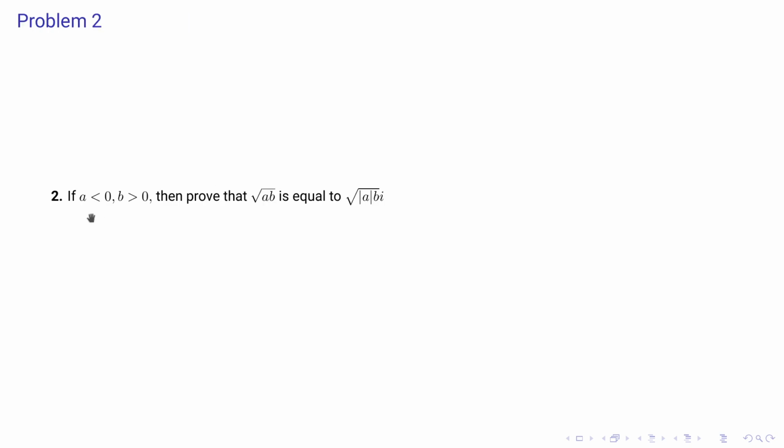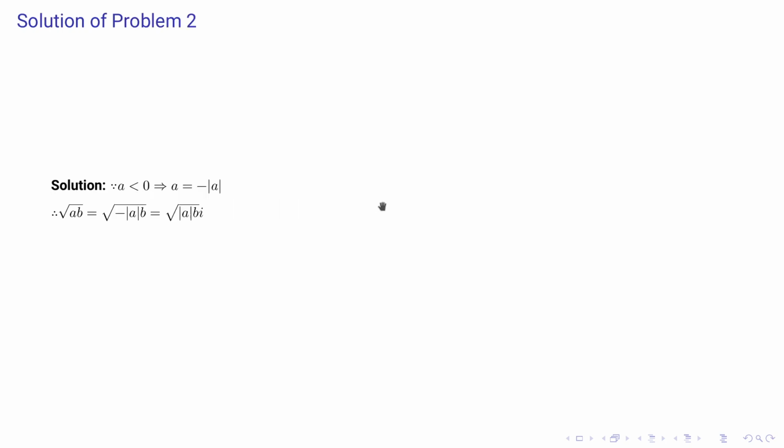Problem number 2 asks us to prove that if a is less than 0 and b is greater than 0, then square root of ab is equal to square root of mod a into b i. So we know that if a is less than 0, then a will be equal to minus of mod a.